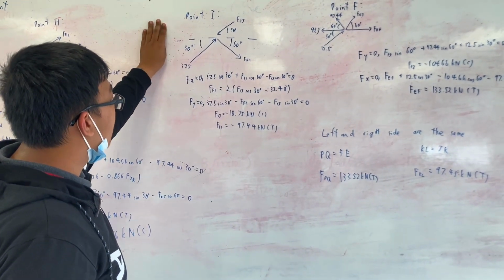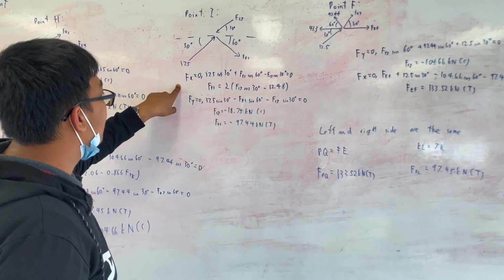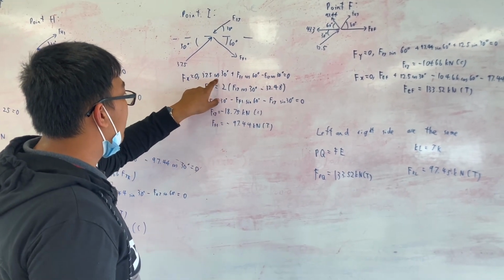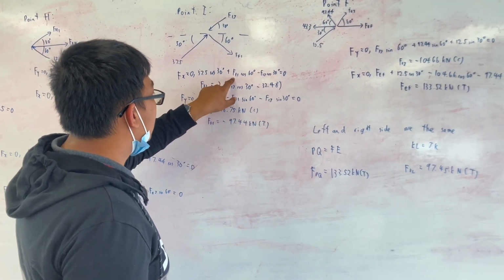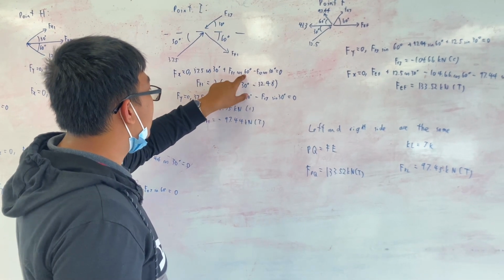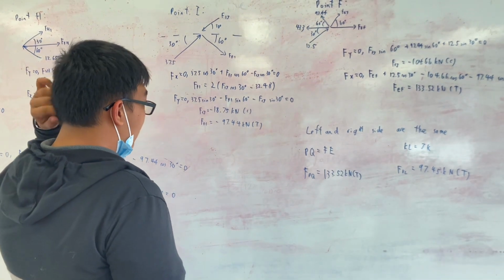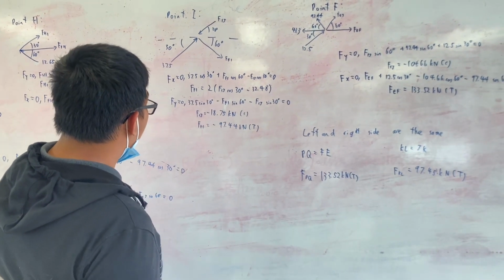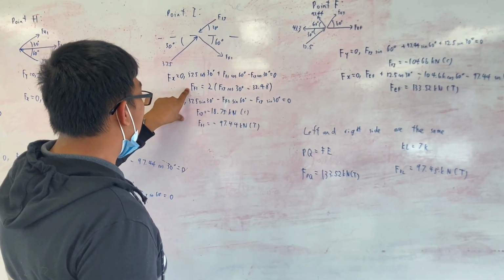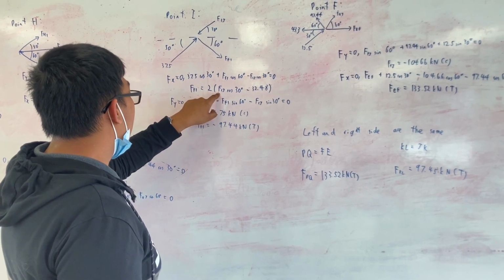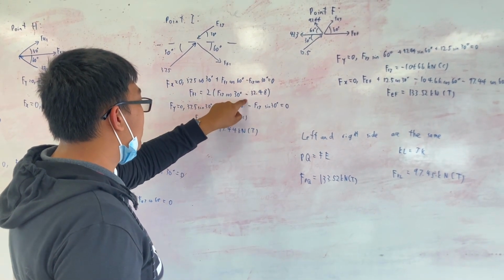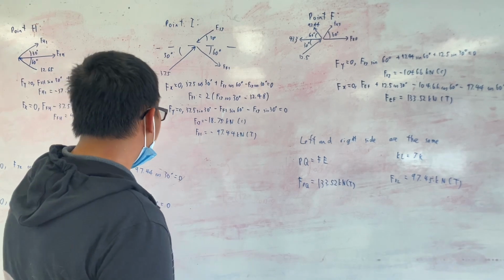After drawing the free body diagram, we can find the Fx first, which is 37.5 cos 30 degrees plus FFI cos 60 minus FIJ cos 30 degrees. And after calculating, we can determine that FFI is equal to 2 times bracket FIJ cos 30 degrees minus 32.48.